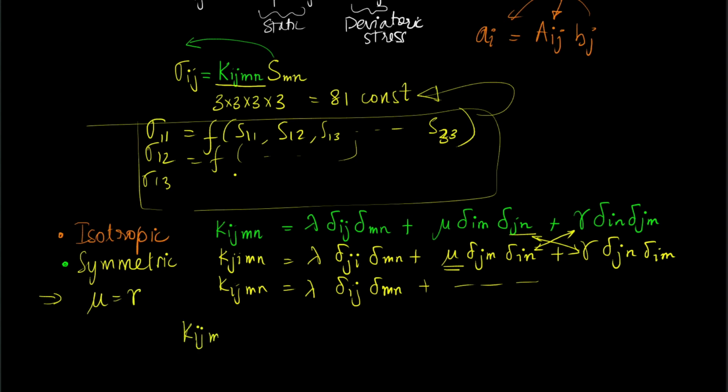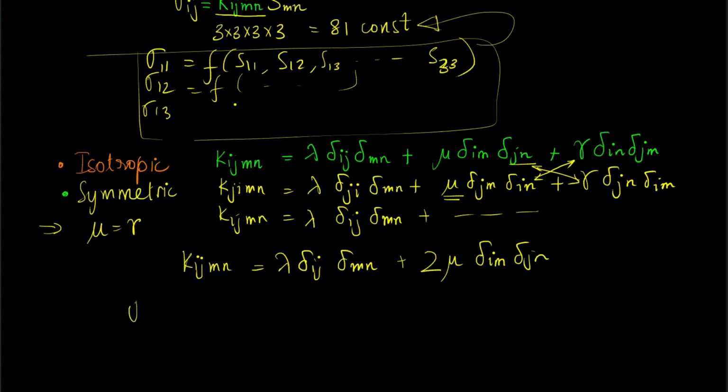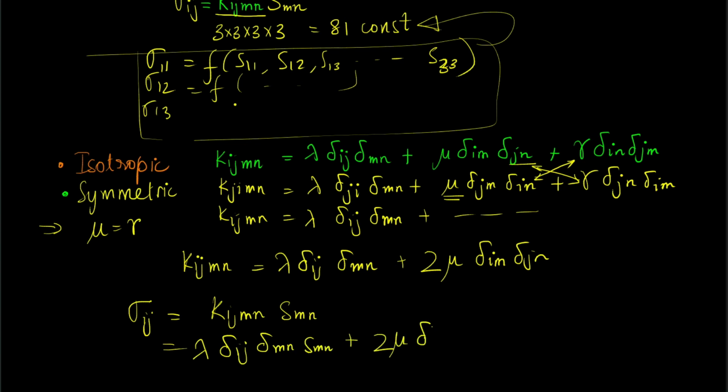Thus Kijmn so far is lambda delta ij delta mn plus 2 mu delta im delta jn. So with this we can write down the deviatoric part of the stress tensor as Kijmn Smn. This is lambda delta ij delta mn Smn plus 2 mu delta im delta jn Smn.